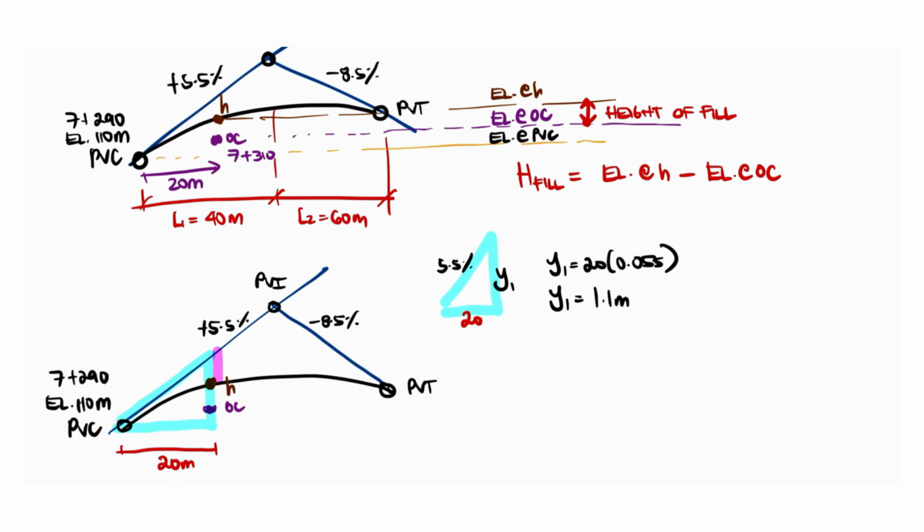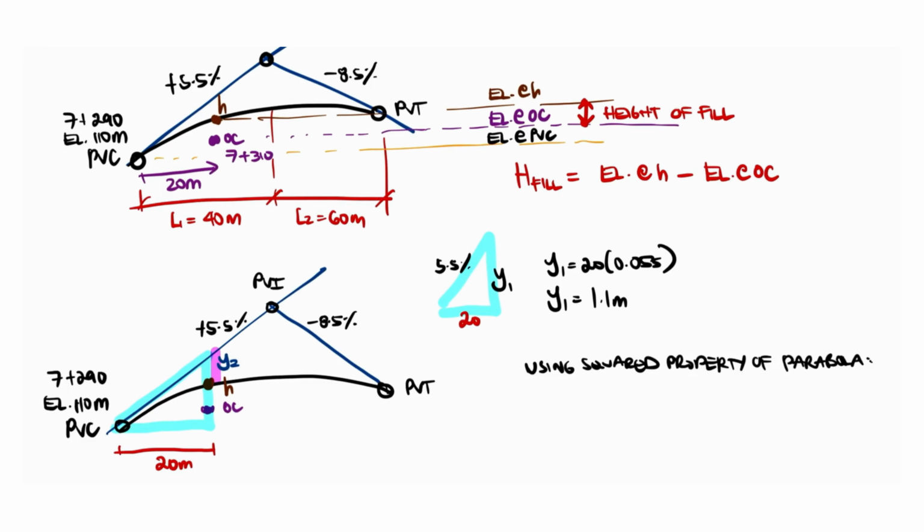Next, we determine the value of y2 using the parabolic relationship. The equation can be expressed as y2 over the square root of 20 is equal to h over the square root of L1. However, the value of h, which represents the height of the curve, is not yet known, so we need to compute it first.